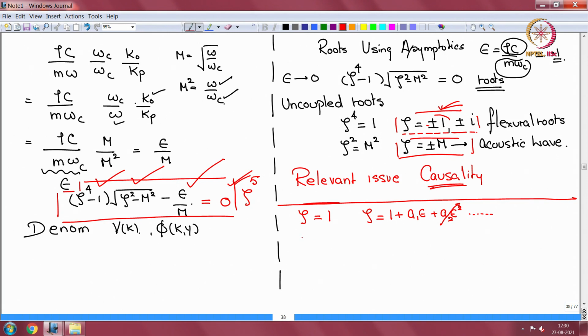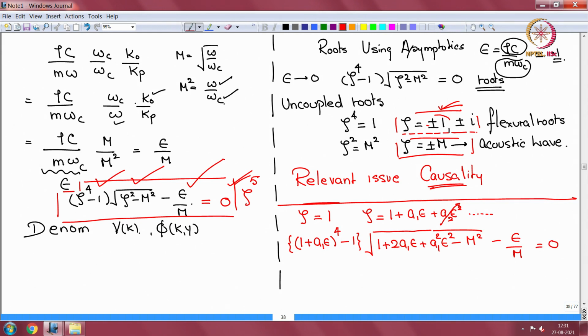So I get (1 plus a1 epsilon) to the power 4th minus 1, times square root of (1 plus twice a1 epsilon plus a1 squared epsilon squared) minus m squared, minus epsilon by m, that is equal to 0.